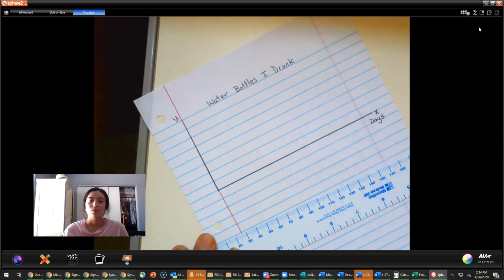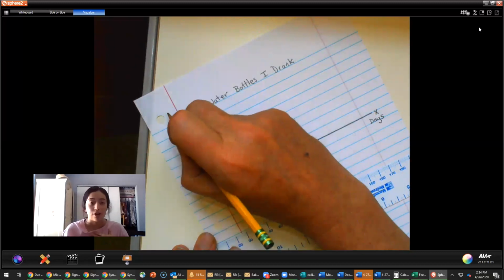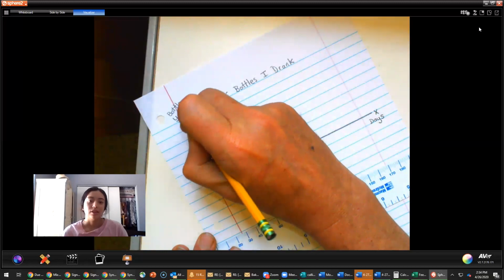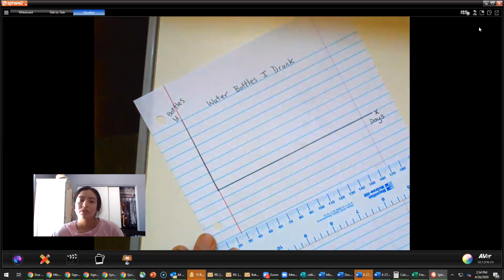For my y-axis, I am going to label it number of bottles, because this is the amount of bottles that I drink. Just keep in mind what you would label your y-axis. Mine's going to be the number of bottles. What do you think you should put there?